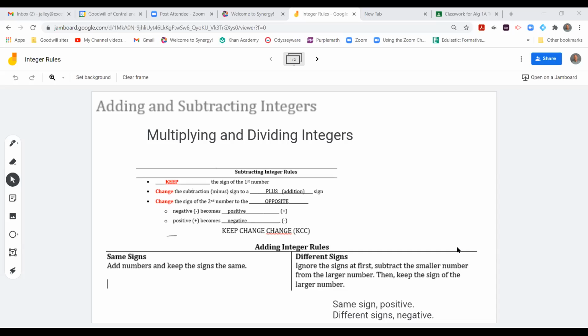We're going to talk about rules for integers. This Jamboard here has the simplified version. And I'm going to talk about some examples here in just a minute.